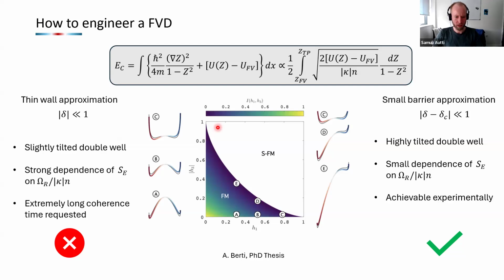Did I understand correctly that the scenario on the left is one where the bulk energy difference between the two states is very small compared with the barrier, and therefore the lifetime of the metastable state is very long? Is that right? Exactly, that's the scenario.